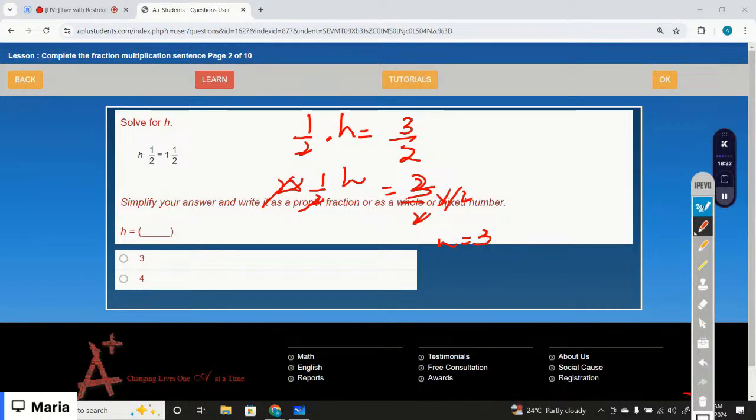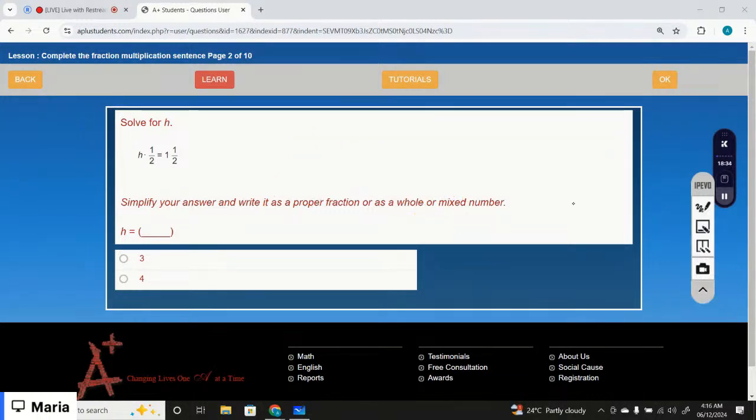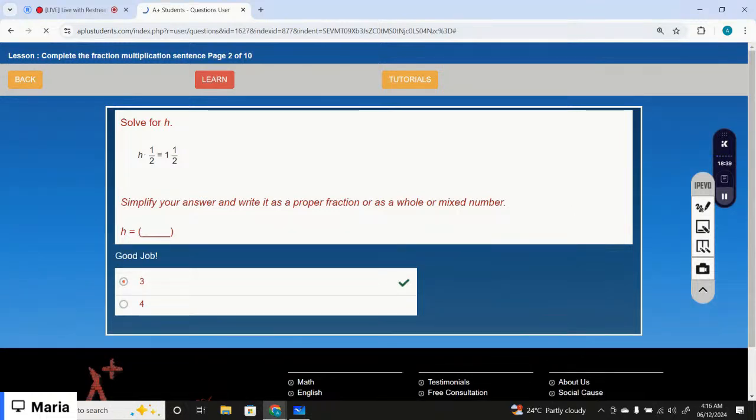The correct option is option number 1, 3 it is.